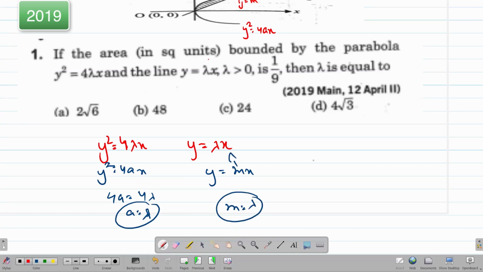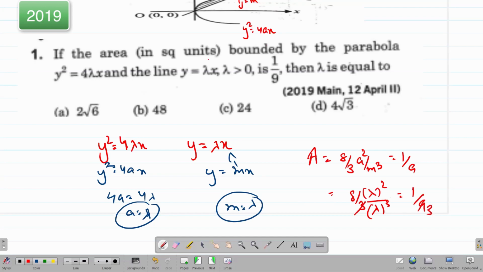As we know, the area enclosed by this parabola and the line passing through the origin is 8 by 3 a square by m cube, and that is given to us as 1 by 9. So we just substitute the values. Here I get 8 by 3, I put a is equal to lambda, so this is lambda square, and m is lambda again, so this is lambda cube, equals 1 by 9.